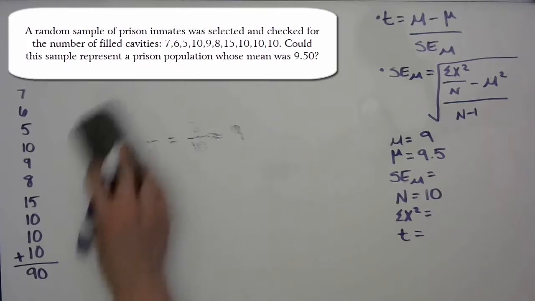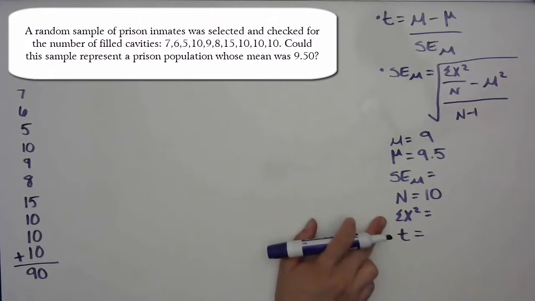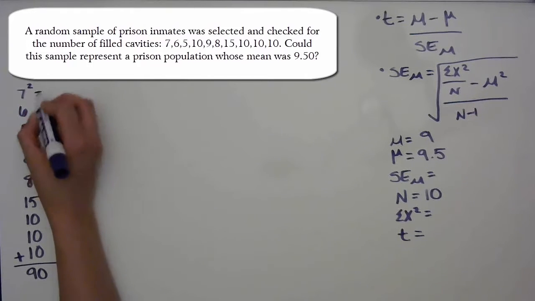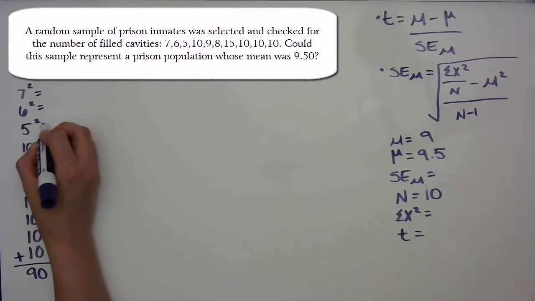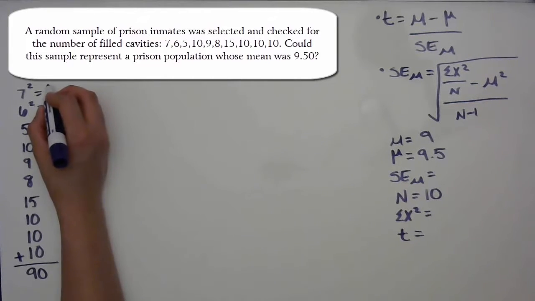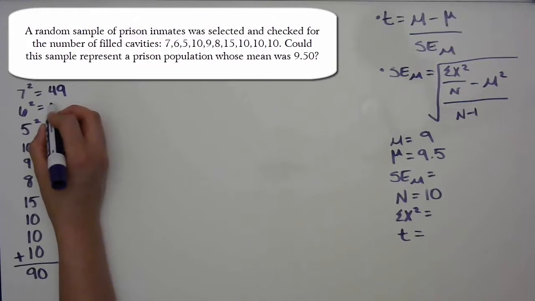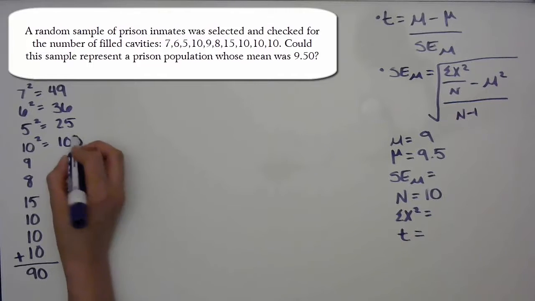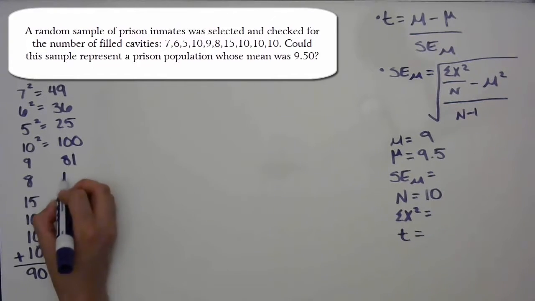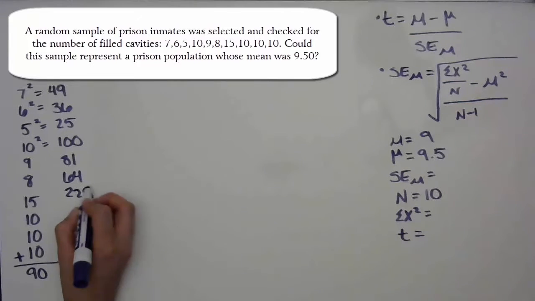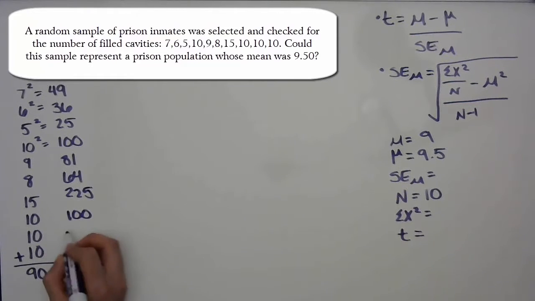Okay, so now let's figure out the sum of squares. To do the sum of squares, we are going to have to square all of these and then add them up. So 7 squared is 49, 6 squared is 36, 25, 100, 81, 64, 225, 100, 100, and 100.